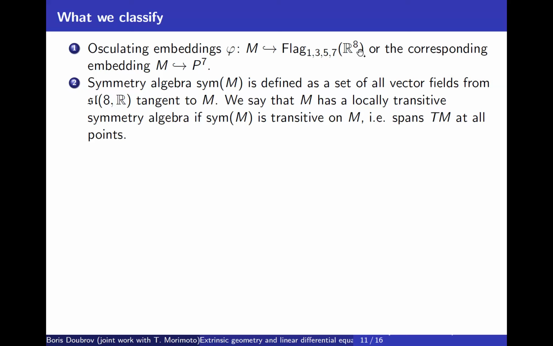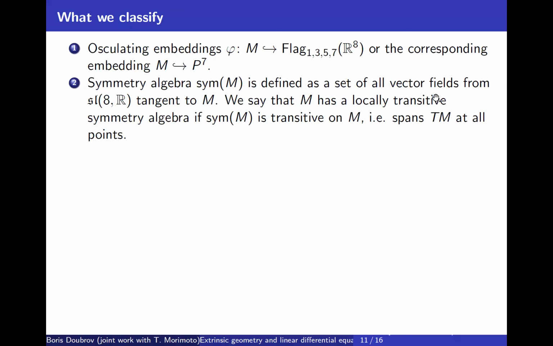And on this flag variety, as well as on P7, we have a natural action of SL8 by projective transformations. So the symmetry algebra of M is defined as all vector fields from SL8 which are tangent to M. We say that those flows preserve M. It's a natural infinitesimal definition of a symmetry.